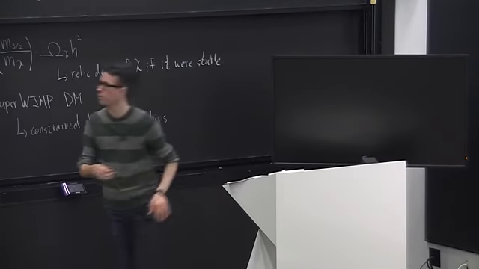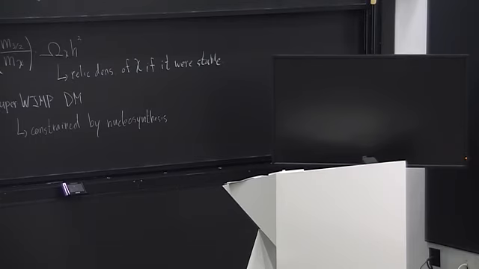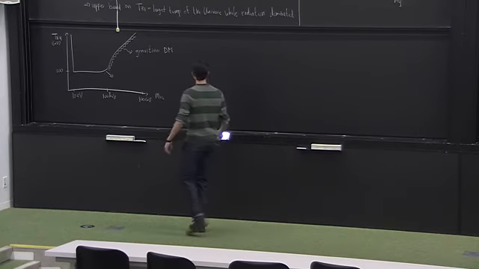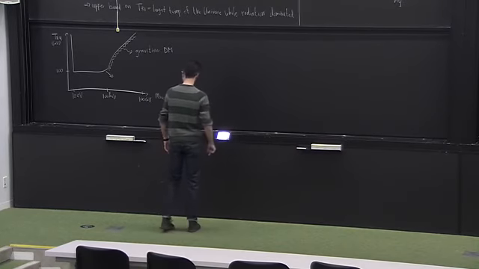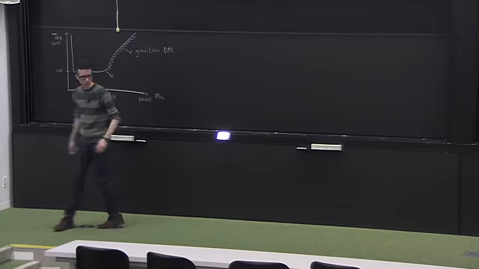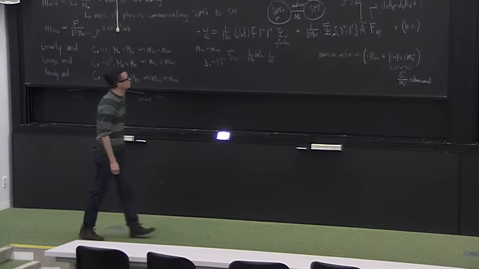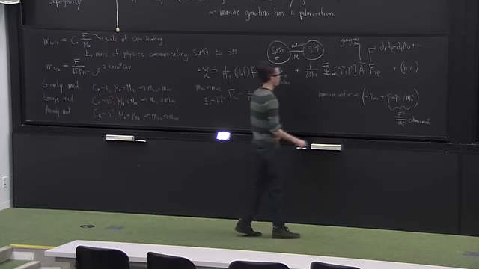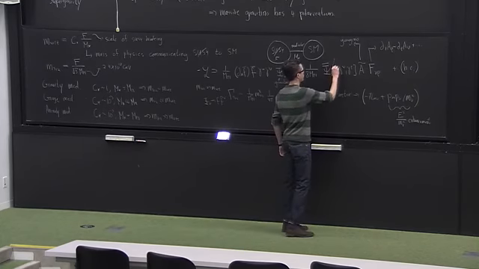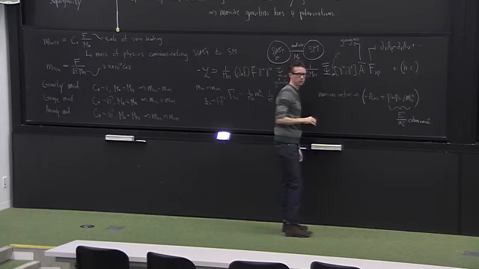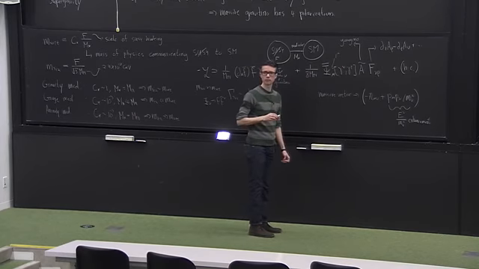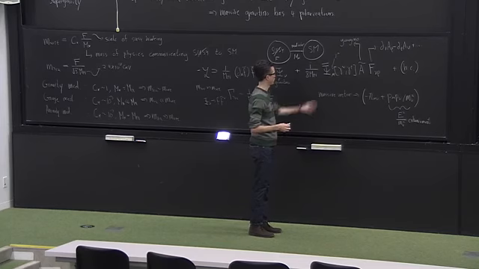I think there's another gamma mu in the vertex. Let me check that. OK, I think there should be a gamma mu here. But I'll check that and fix it in my notes, because right now I have a typo in my notes. And yeah, you're right. I did forget a factor.